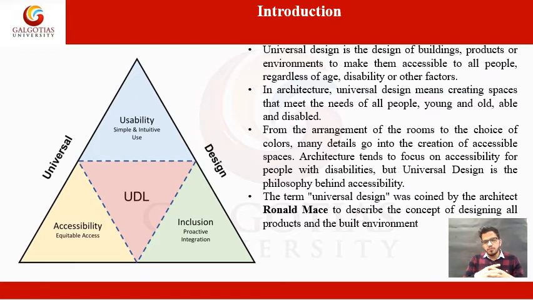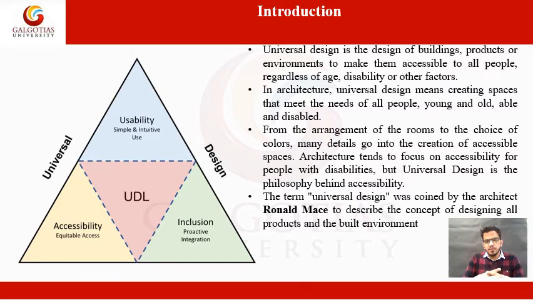The term universal design was first coined by the architect Ronald Mace to describe the concept of designing all products and the built environment. Universal design is a mix of three important parameters in architecture or product design: usability, accessibility, and inclusion.